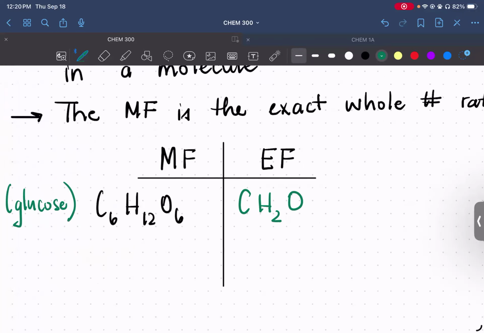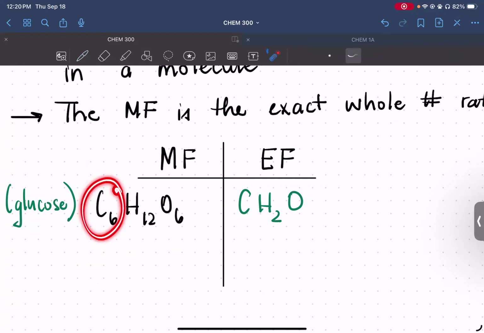We can see that although the molecular formula is different from the empirical, they both tell us the same thing. For every 1 carbon, there are 2 hydrogens. For every 1 carbon, there is 1 oxygen, exactly represented here.